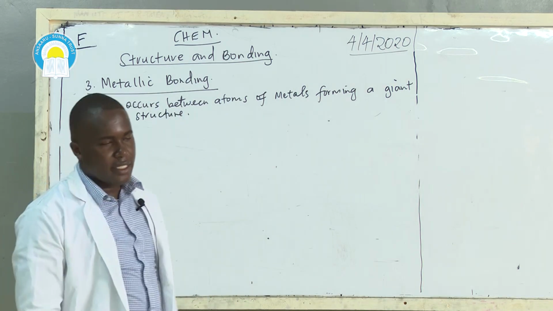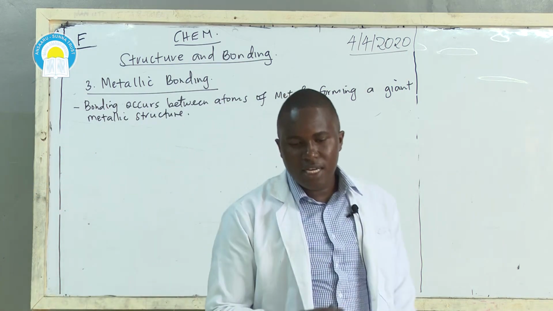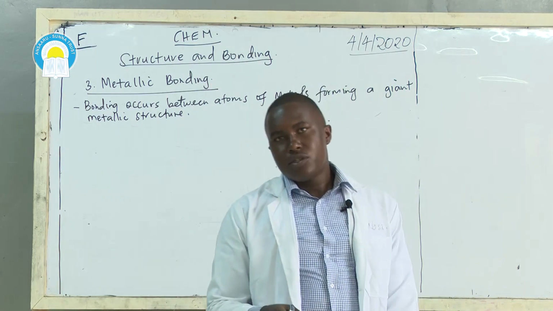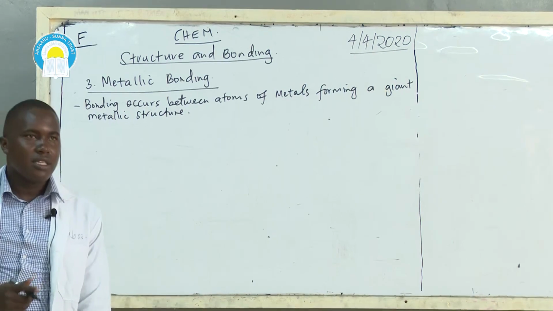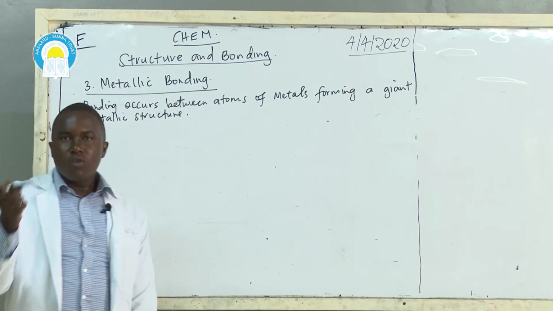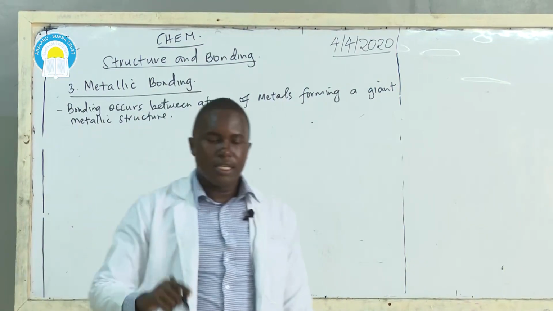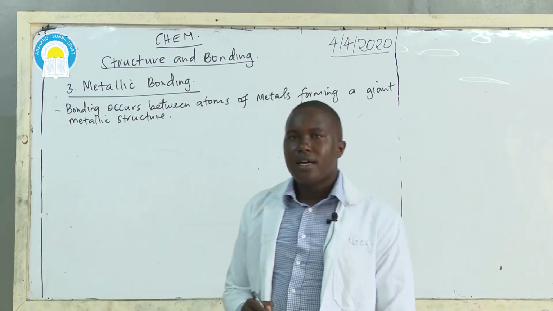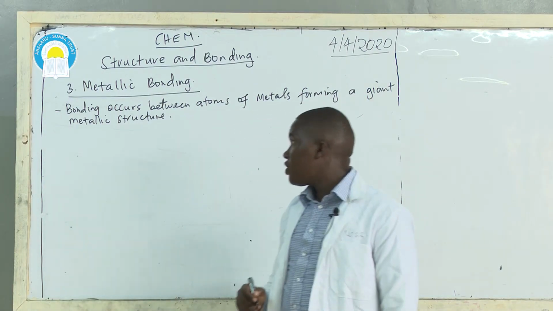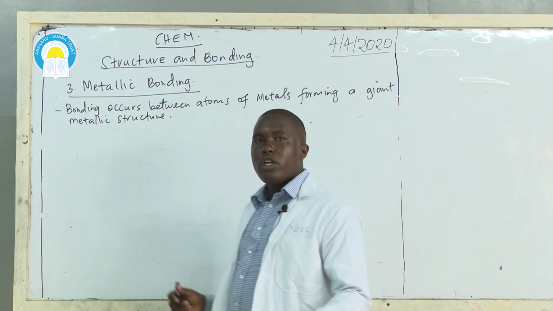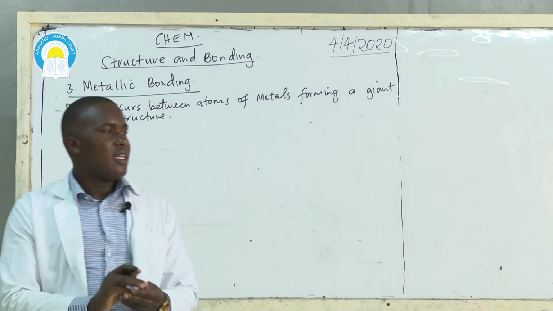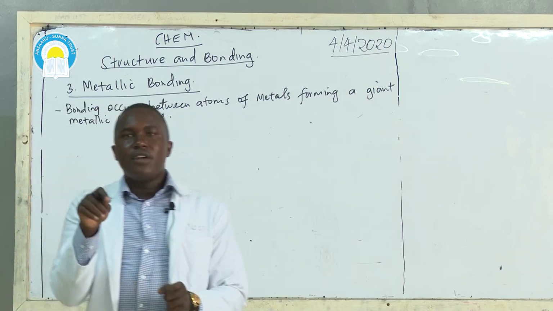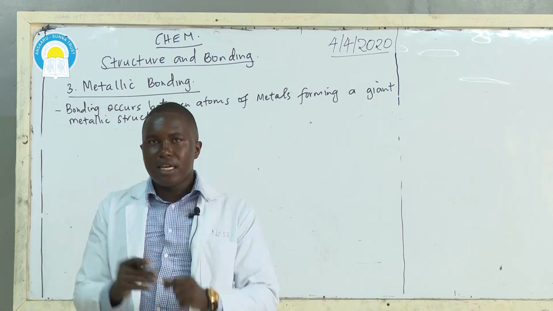So always there's attraction between the valence electrons and the nucleus. So if you have got the valence electrons, that is the electron which is moving randomly within the structure of an atom, then when you have so many atoms joined together, there will be attraction between various nuclei and the valence electrons.